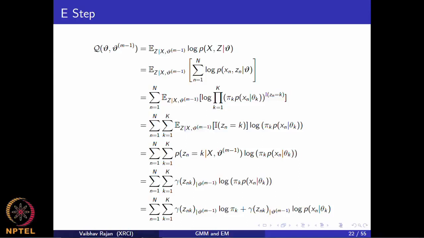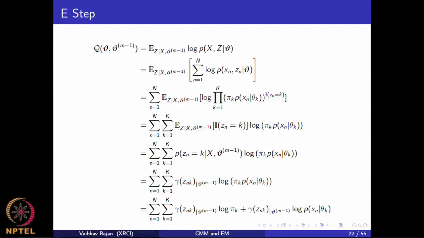You see, this is just an indicator function which gets a value of 1 when z_n is equal to k, and a value of 0 when z_n is not equal to k. So, in this product, all the terms except one will get an exponent of 0, and so you will have 1, and only one term out of the k will remain for each data point, right.